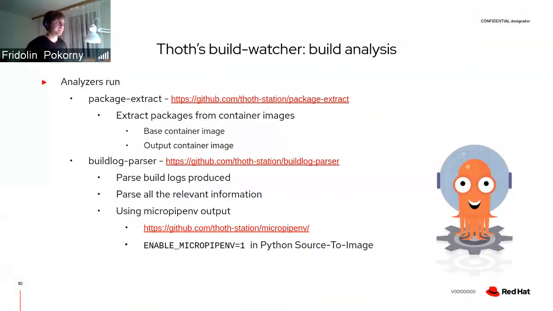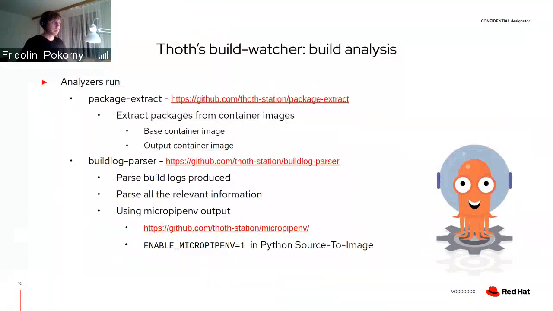We run this analyzer on the base container image as well as on the output container image if they are provided. The other analyzer is build log parser, and it understands build logs that are produced during the application build or application assembling. It can parse all the relevant information, extract this relevant information, and create a JSON output.